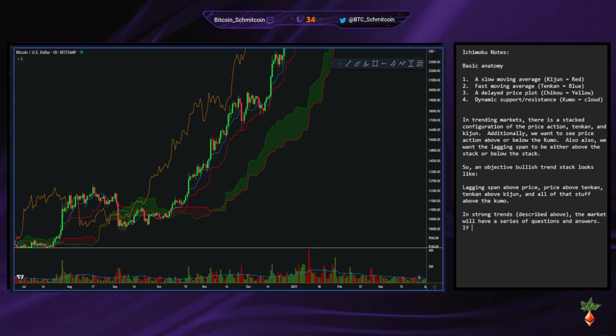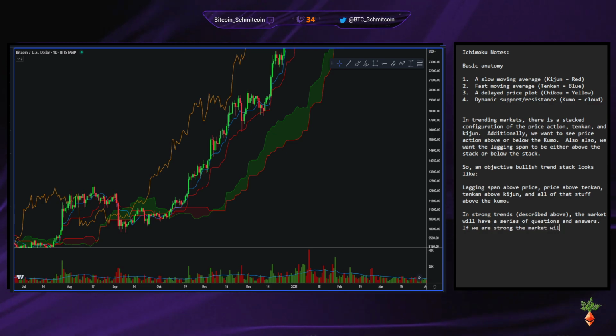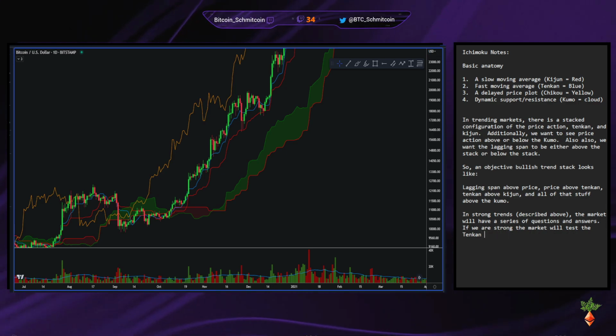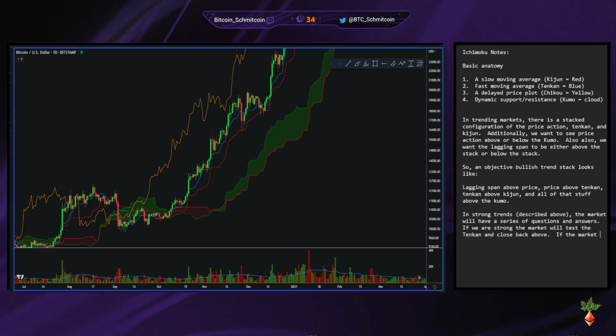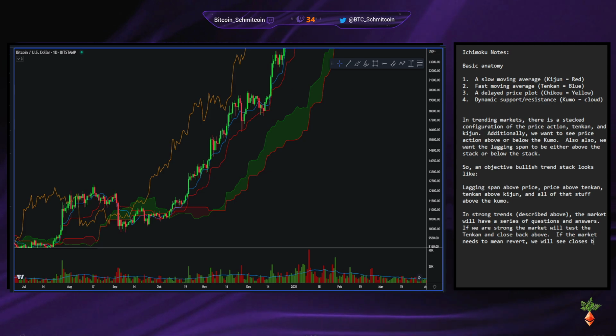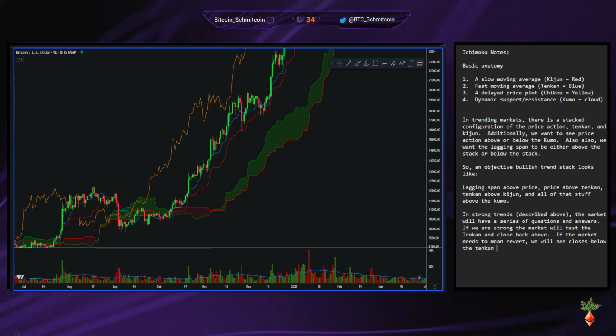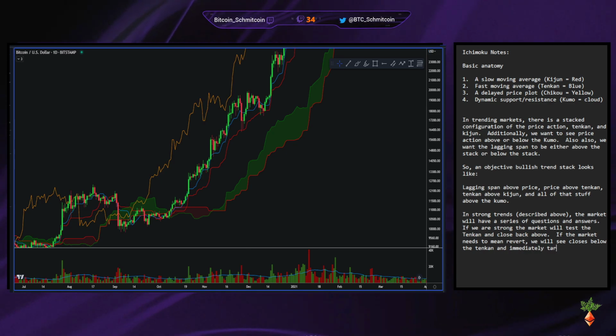If we are strong, the market will test the Tenkan and close back above. If the market needs to mean revert, you will see closes below the Tenkan and immediately target the Kijun.